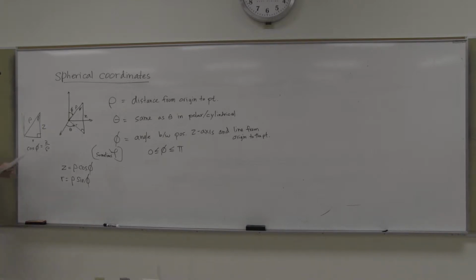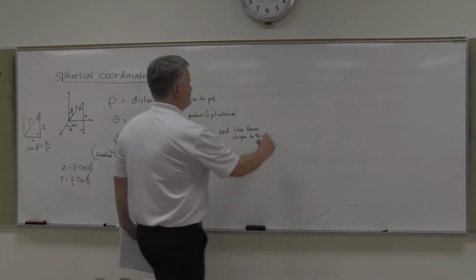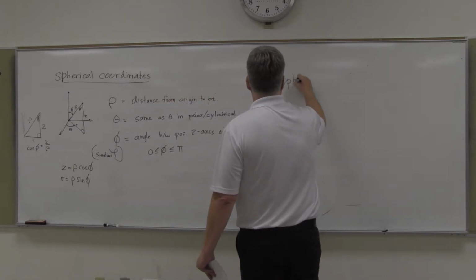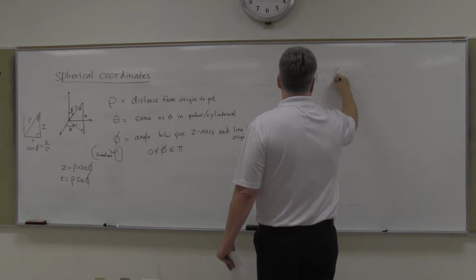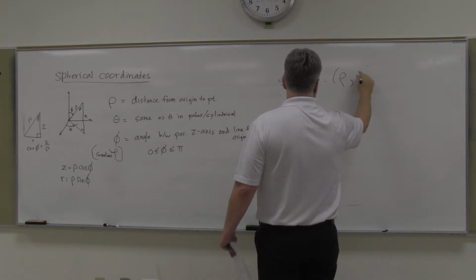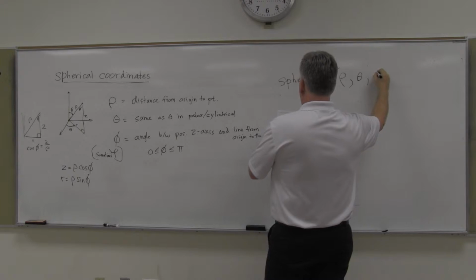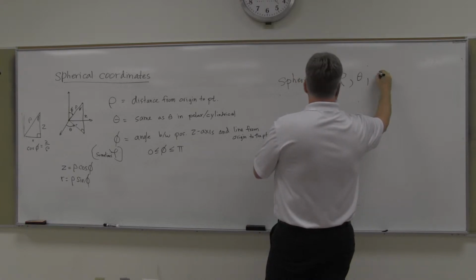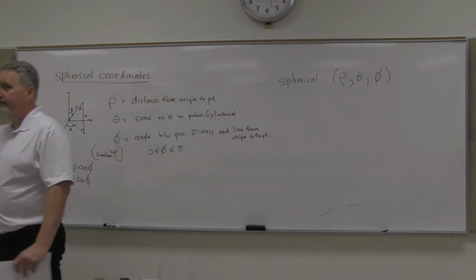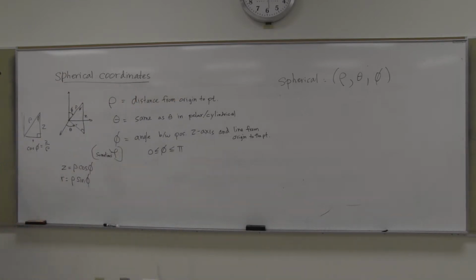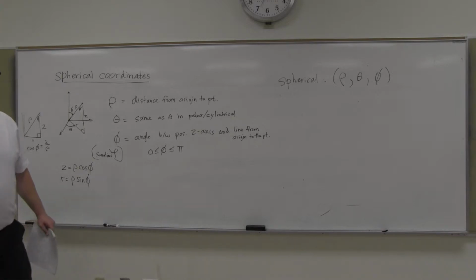Okay? All right. So spherical coordinates, it's usually the order is this. Rho, comma, theta, comma, phi. Rho's first, and then theta is the second one, and then phi is the third. Rho is a distance, and theta and phi are angles.